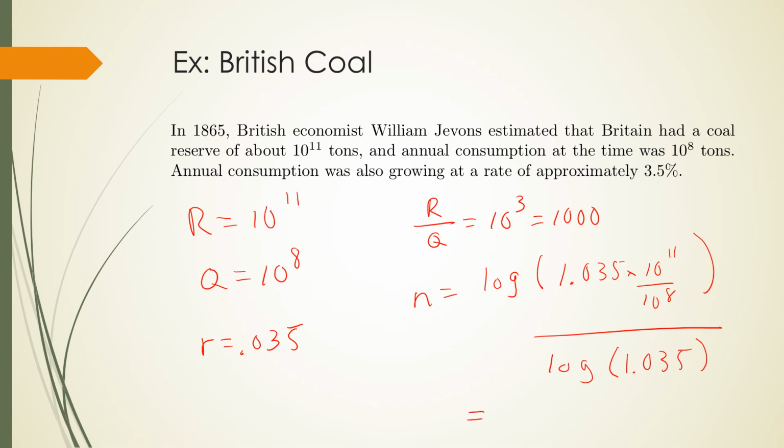This comes out to be 104. That is 104 years after William Jevons did his calculations. He estimated that British coal would run out. That's in 1979.